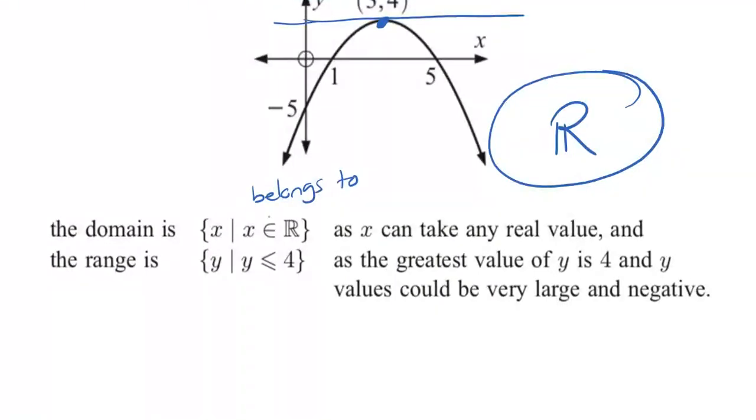This symbol here is belongs to. This symbol here is the real numbers, and that really means the numbers that fall on the number line. The range, remember, that means that y is less than or equal to 4 is, as we would expect, y such that y is less than or equal to 4.